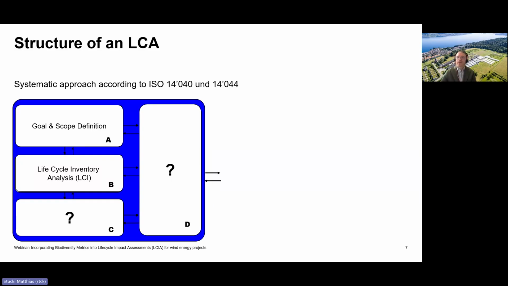And then based on that model, we come to the third step, which is the life cycle impact assessment, where, based on the life cycle inventory model, we convert the results into different impact indicators, so typically environmental or human health indicators. And then these results are finalized with an interpretation phase, where we also give guidance, recommendations and decision support based on these LCA results.